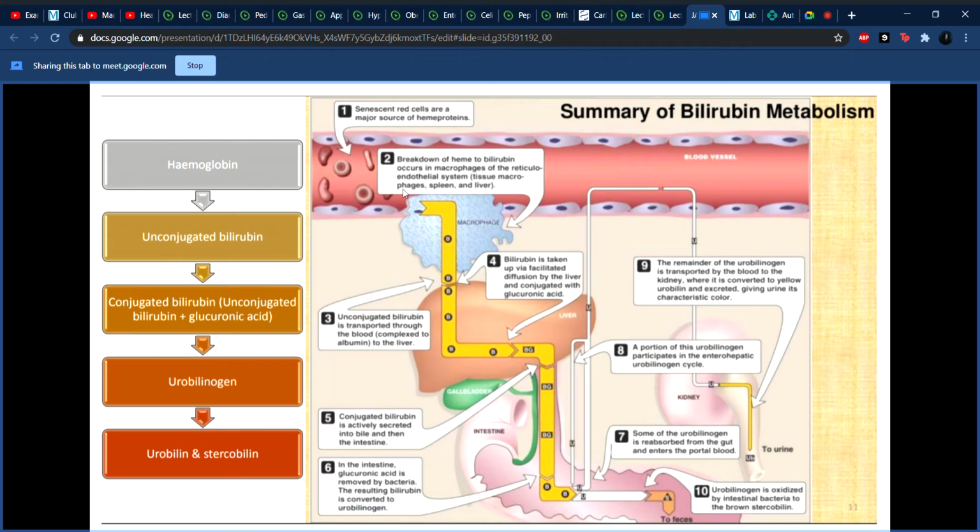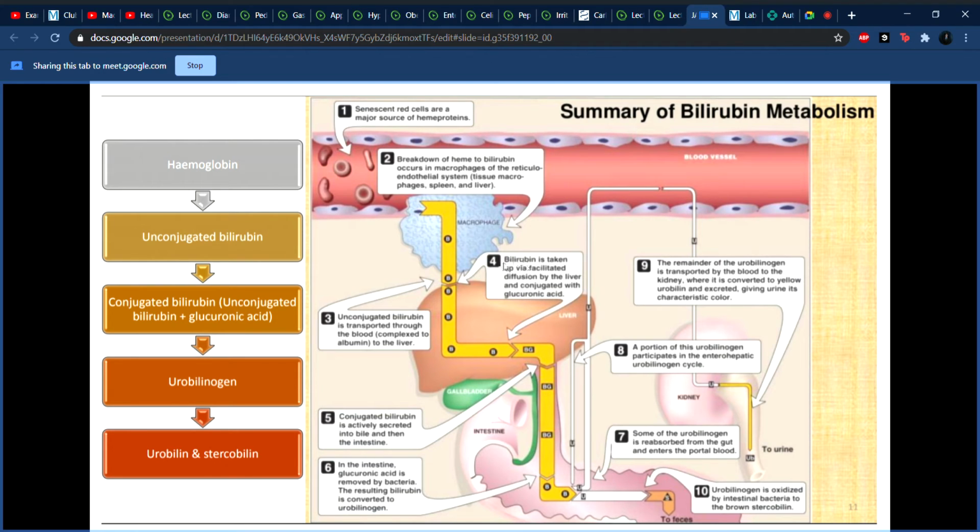Because this molecule is not water soluble, you need a transporter protein. So this unconjugated bilirubin will be taken into the liver by albumin.